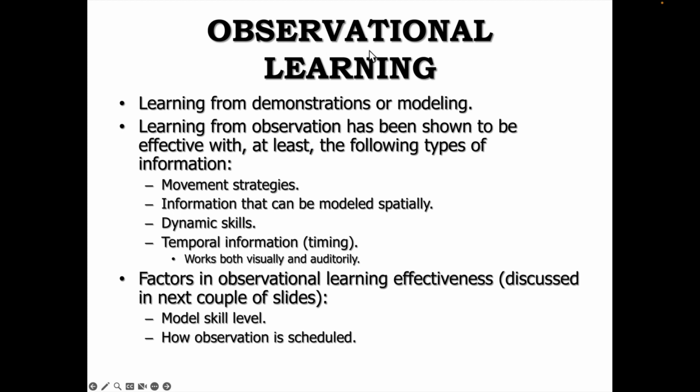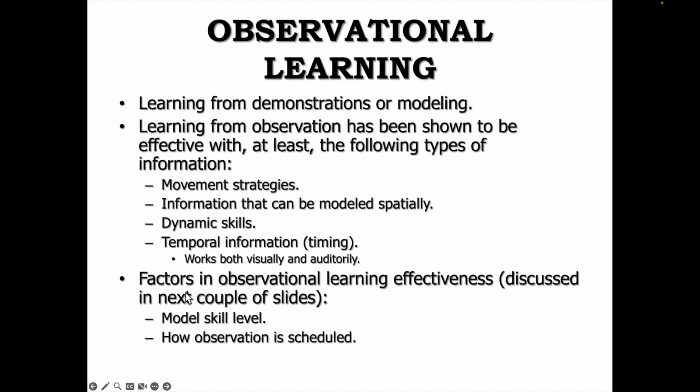It is typically effective when information can be modeled spatially, meaning that you can show information about the skill in space. It is effective in dynamic skills, and useful when we focus on temporal information such as timing, whether we're focused on variables that are more visual or more auditory in nature.